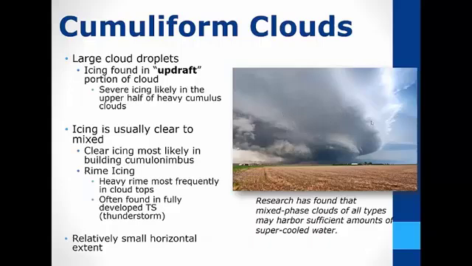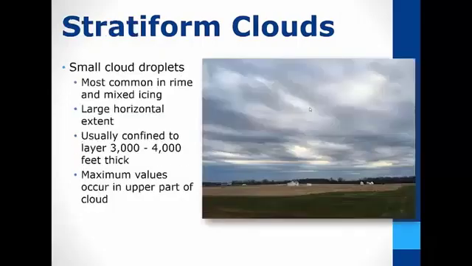But closer to the precipitation production layer inside the shower and thunderstorm activity itself, that's where you're going to have your larger droplet sizes, and that's going to lead to more clear icing. Obviously, aircraft like to fly around thunderstorms, but even around showers and thunderstorms itself, you can still get light precipitation that could lead to the potential for icing.